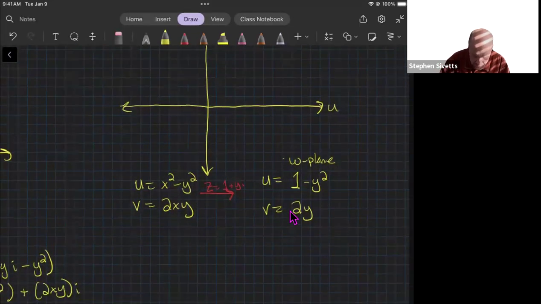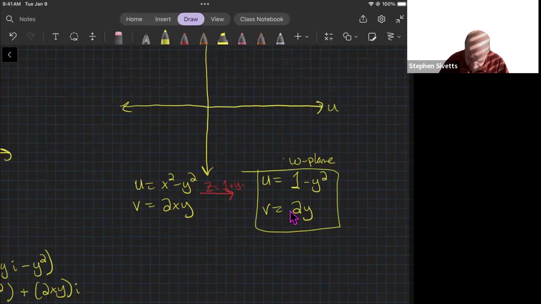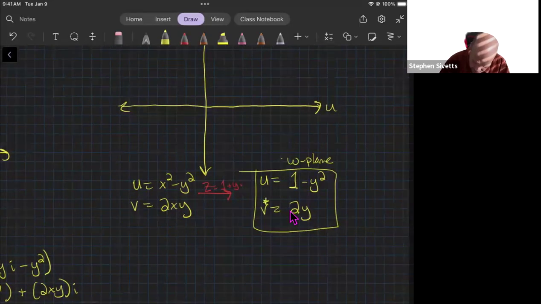Okay, since x is 1, we can actually observe what these points will generate. If we solve for y in this bottom equation, we have that y is equal to v over 2, right? And so we can express u in terms of v.